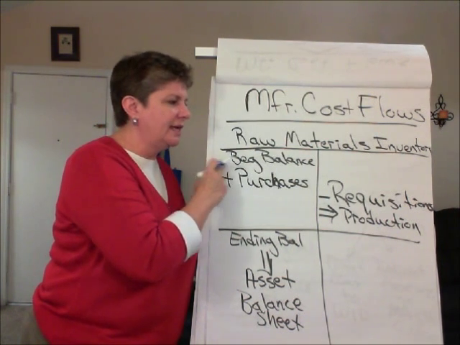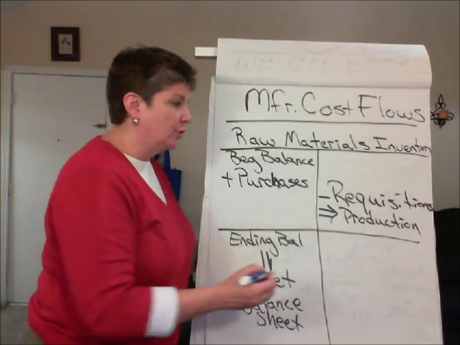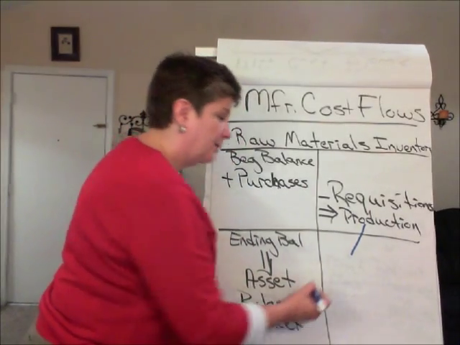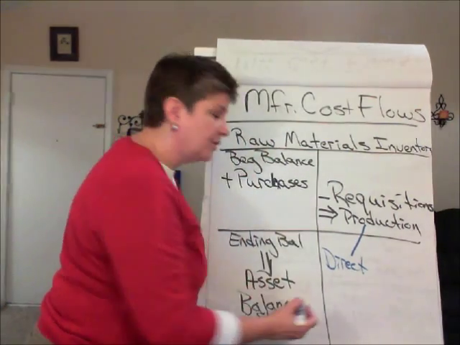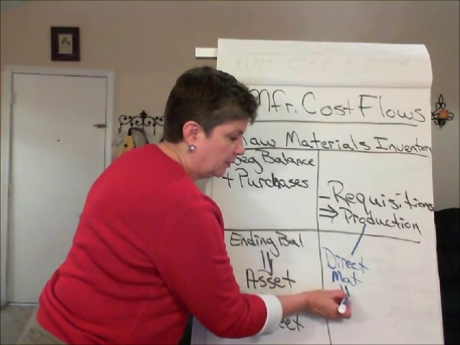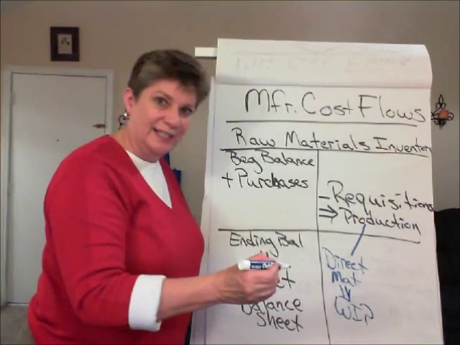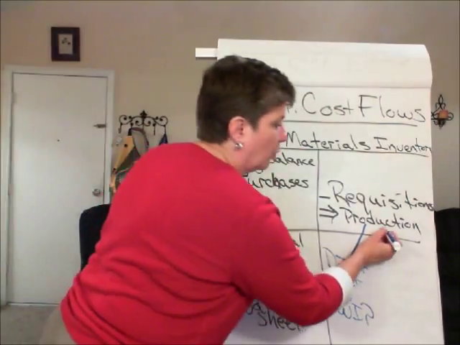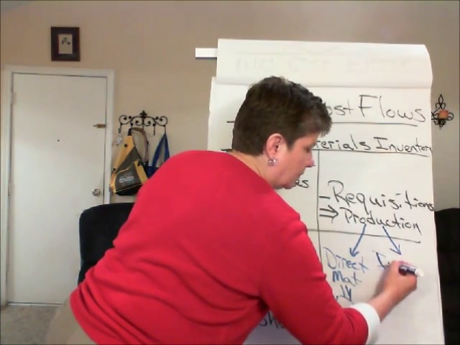So when that's the case, when the requisition is prepared, we have to be able to track which of these are direct materials, and the direct materials will flow into the work in process account directly, and we also need to separate those requisitions which are for indirect materials.